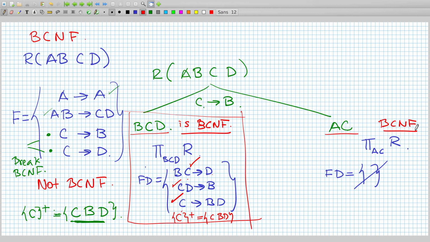And so in this case, for this particular relation, the one that we identified as not being BCNF, A, B, C, D, with these functional dependencies that we have on the left-hand side, has a BCNF decomposition that is BCD and AC with these corresponding functional dependencies.